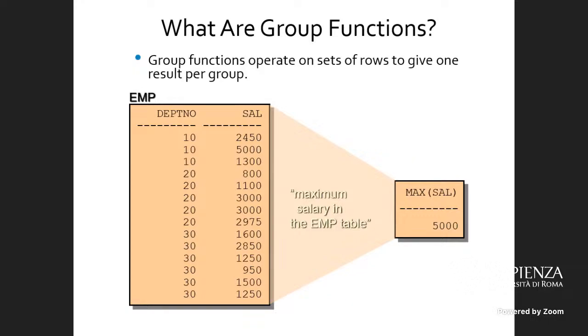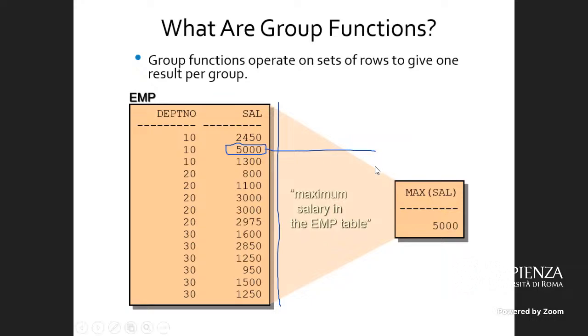Understand? So, like max, which is a function, when you say max of salary, what it does is it goes through the entire length and breadth of everything we have here. It goes through everything, and then it looks for the highest, and then it gives us this as a result set.